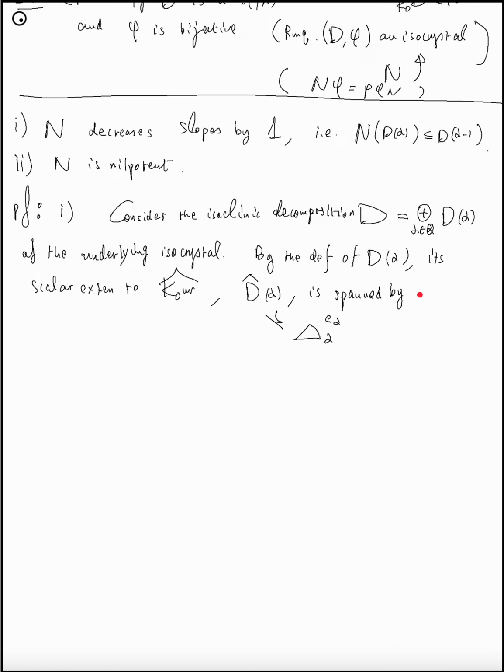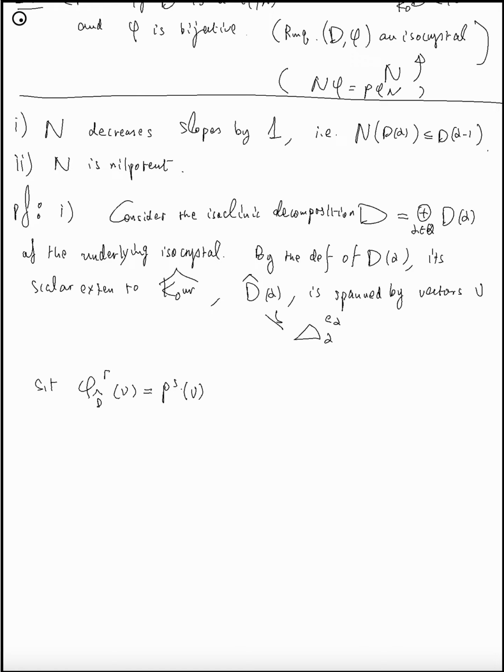So it's spanned by vectors v such that phi of D hat to the power r of v equals p to the power s of v.